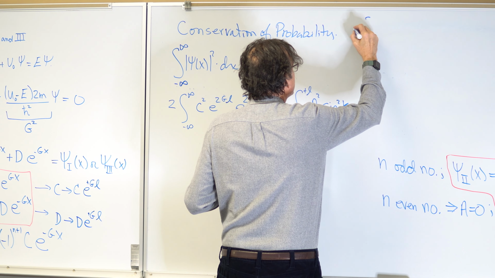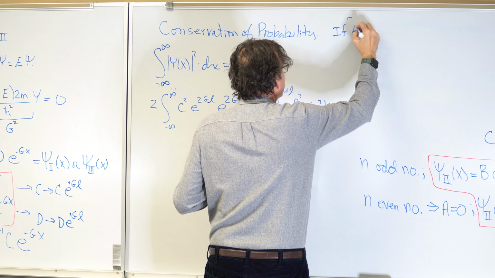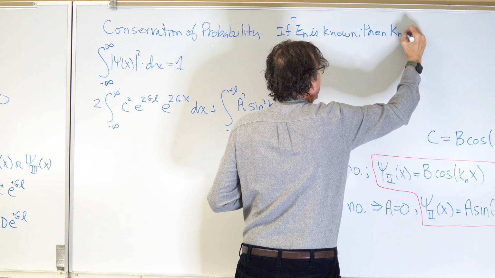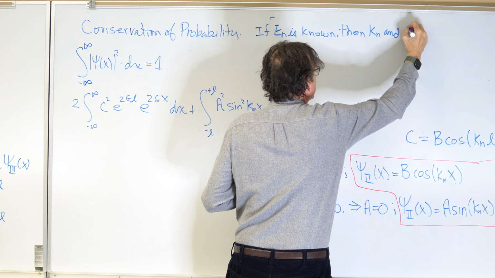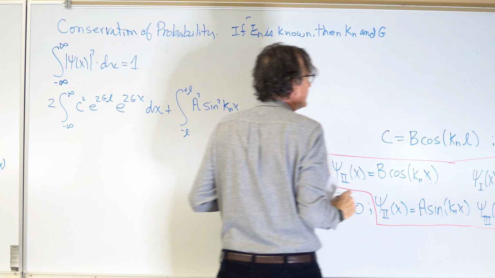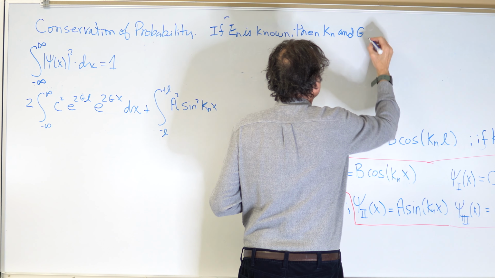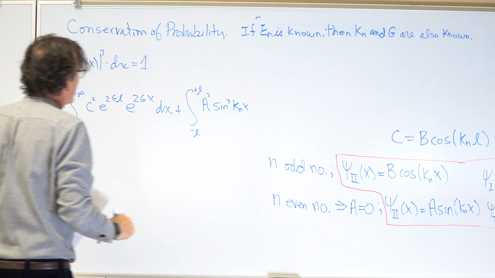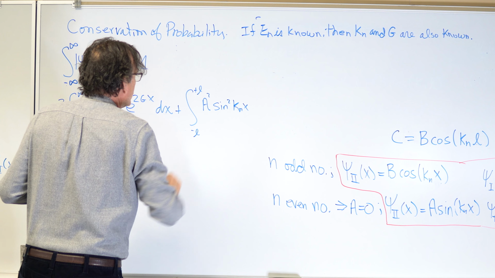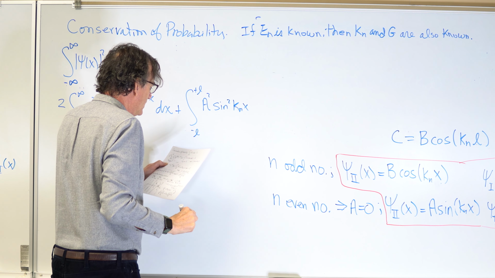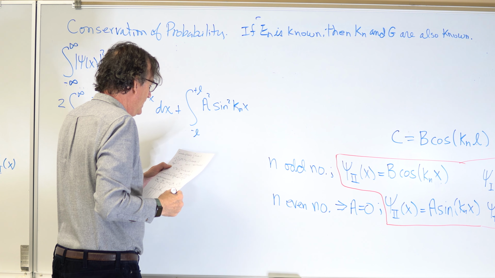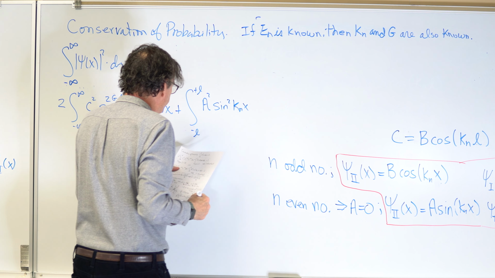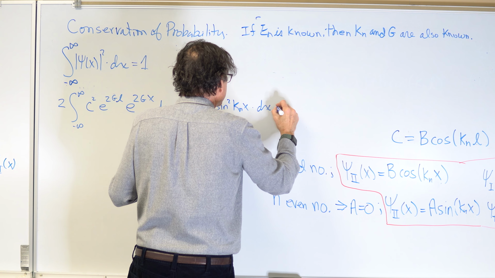So if energy E sub n is known, then Kn and G, or I should say G sub n, but we'll just leave it as G right now, are also known, right? And we assume that's true. So we have actual values to put in here for Kn, because once we've been able to solve that, we get that this function equals 1.